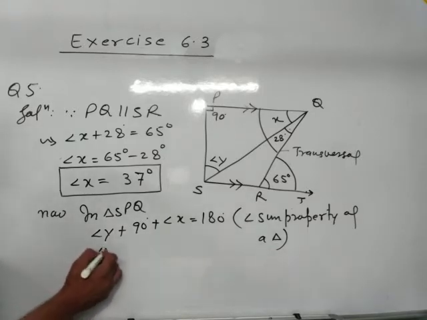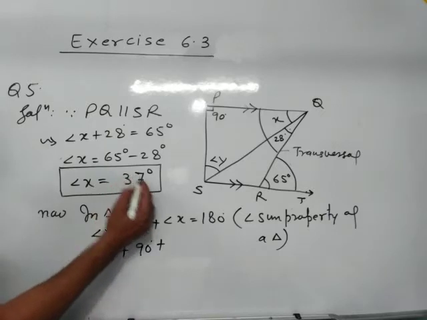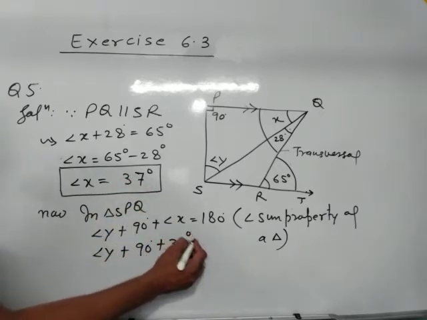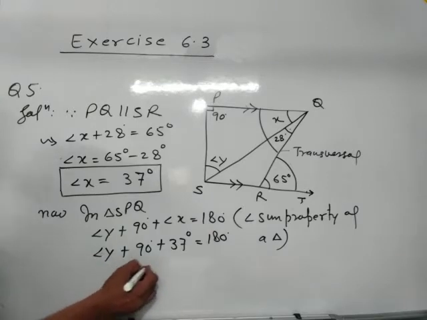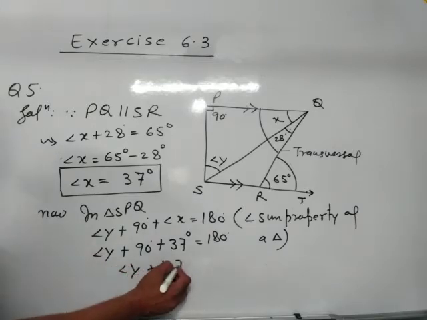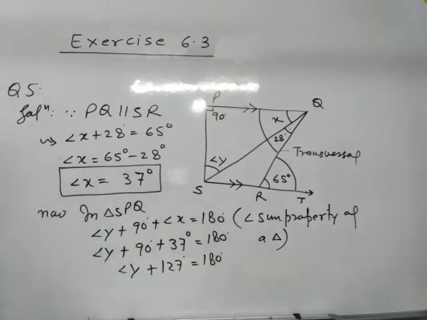Angle Y we don't know, 90 is given, and angle X we have found to be 37 degrees. That is 180. 90 plus 37 is 127.